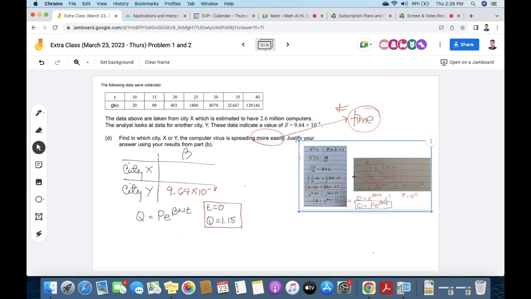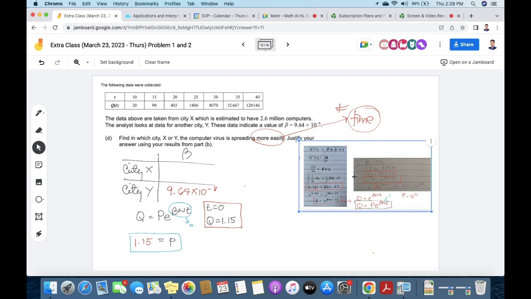So we can now substitute the values. We now have 1.15, that's your Q, equal to P, because this one would be equal to 0. Do you follow, everyone?